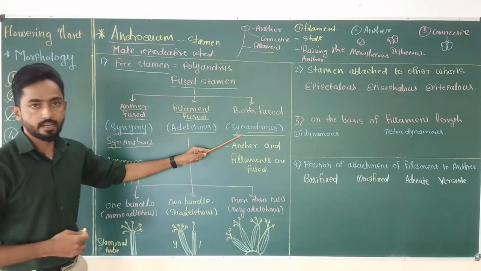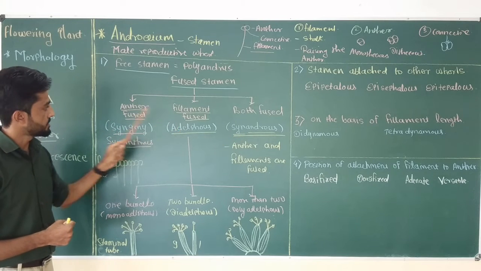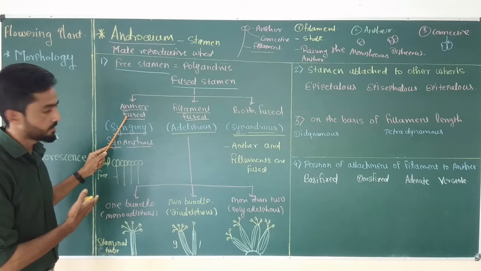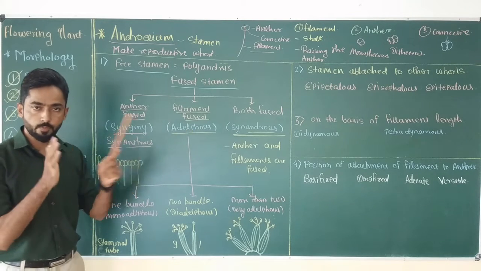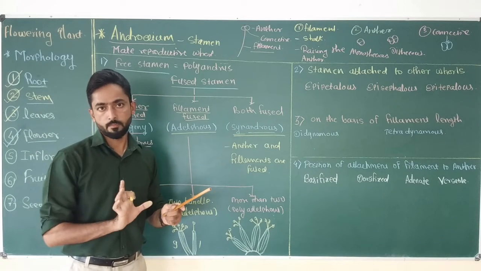So it is called synandrous condition. Now, these are the 3 important types: syngenesious, in which anthers are fused and filaments are free; then adelphous, in which filaments are fused and anthers are free; and synandrous, in which both are fused.